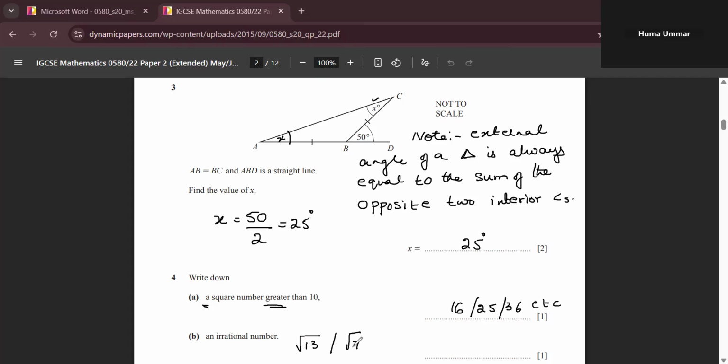But remember one thing, you cannot write the square root of 25. Why? Because 25 is 5 squared and the root will cancel the square, so only 5 is left. 5 is rational, not irrational, so this whole thing is wrong. Your answer can be this or this. Remember these very important points.